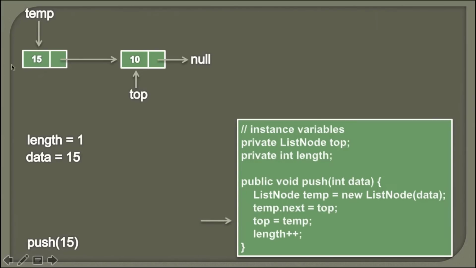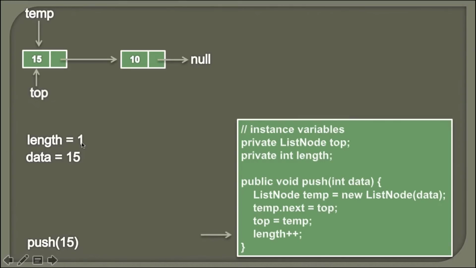So as this node is now inserted, now top should point to this node. So therefore we are assigning the value of temp to top. So it would look something like this. So now top is pointing to the temporary node. Moving ahead.